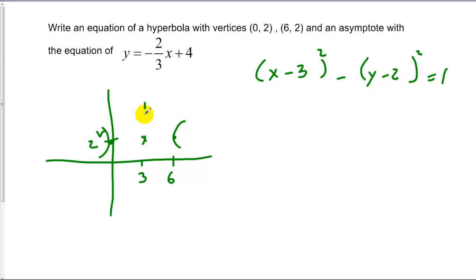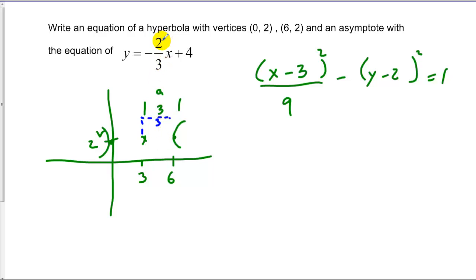I also have my A distance. A in this case is going to be a total of 3. So I know that A squared is equal to 9. And I'm looking for my B squared term. Now I know that since it's a horizontal hyperbola, if I want to look at a slope, I rise and run to get there. In this case, my run value is going to be a total of 3.